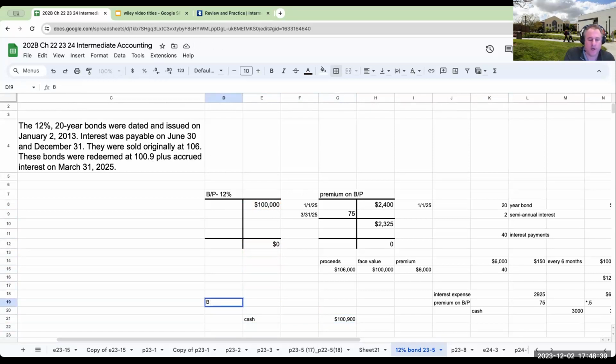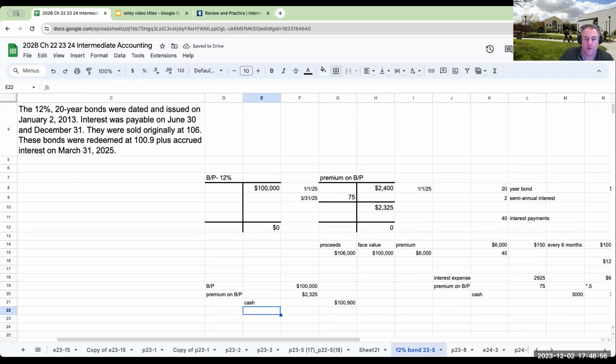I have over here my bond payable. I'm taking this off of my books because it's being redeemed. I also have to get rid of the premium on bond payable, which is going to be 23.25. Now, when I look at this, I'm going to have a gain on redemption.